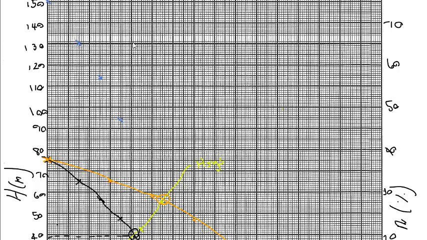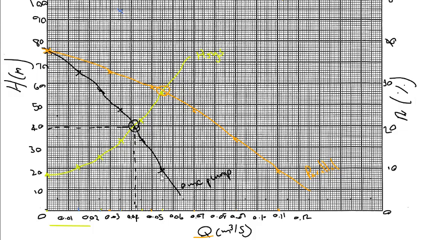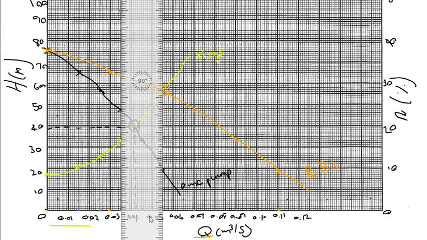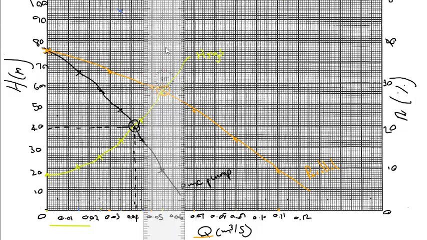And our next point would be the 0.045. So let's go and find that 0.045. That should be this one here. So let's use our ruler again. Let's move it slightly.